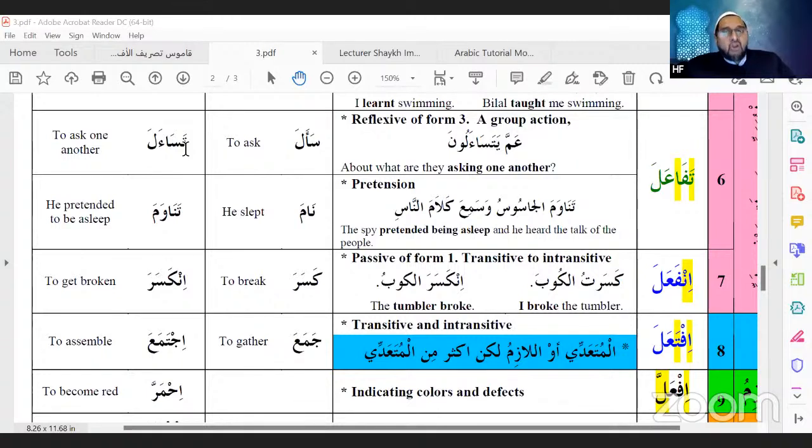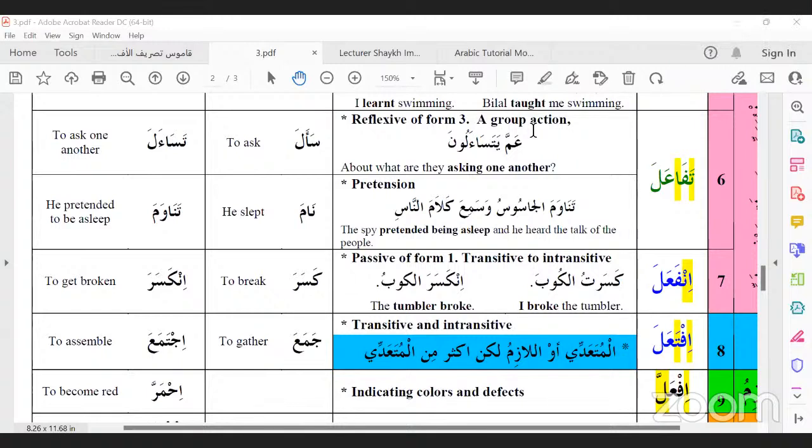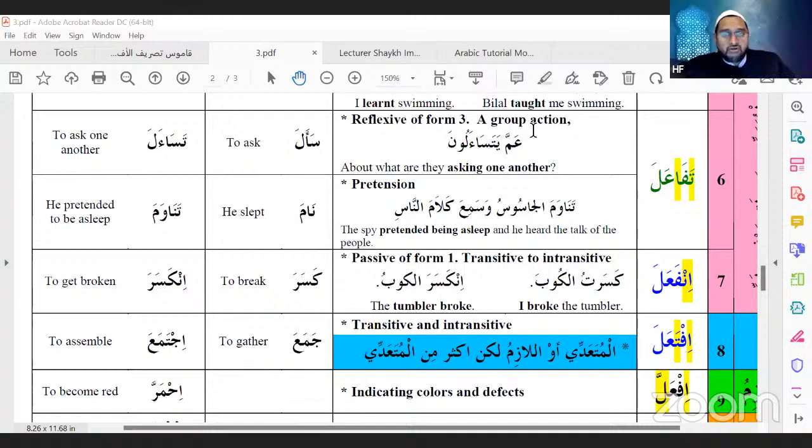Here, a lot of individuals are asking as a group action. So it's trying to show that this is a public event, or a large-scale action being done. So one of the meanings of the sixth form could be a group action, and another would be to pretend. Yes, that's right.